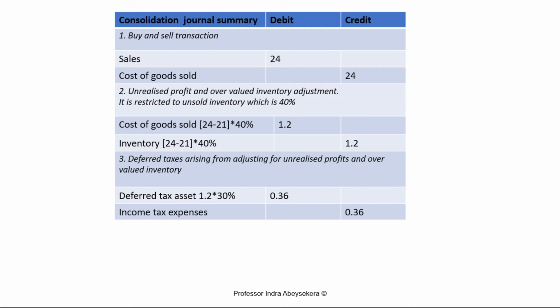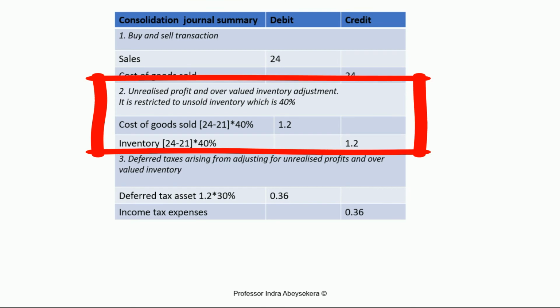The second is the unrealized profit and overvaluation of inventory. That is now restricted to 40%. For 100% of inventory unsold, the overvaluation and unrealized profit is 3 million, that is 24 million less 21 million. Now that's restricted to 40%, so we multiply 3 million by 40%. We debit cost of goods sold 1.2 million and credit inventory 1.2 million.